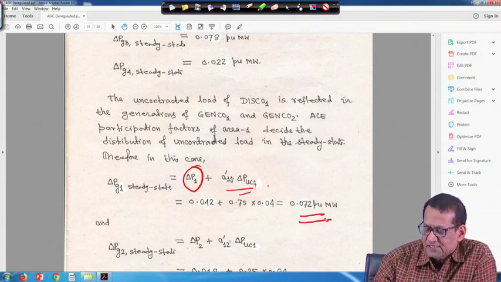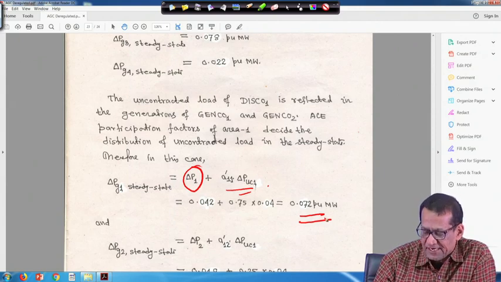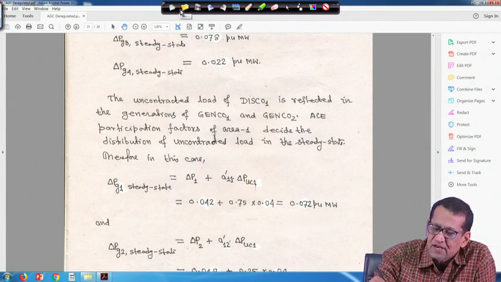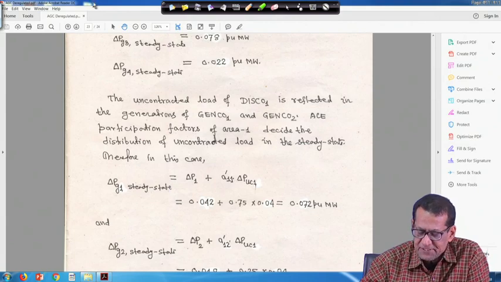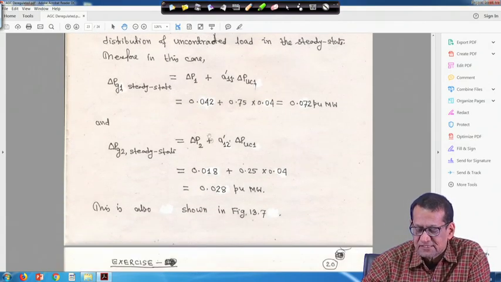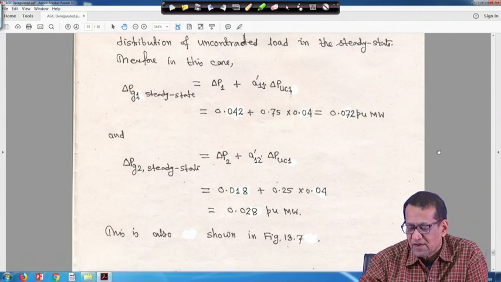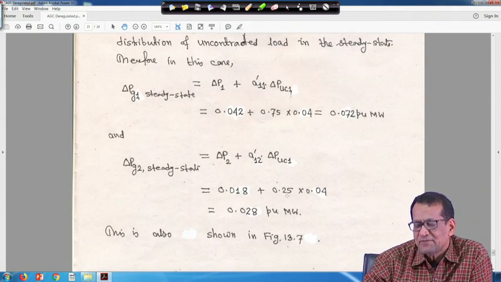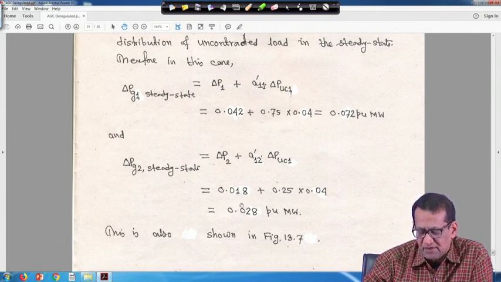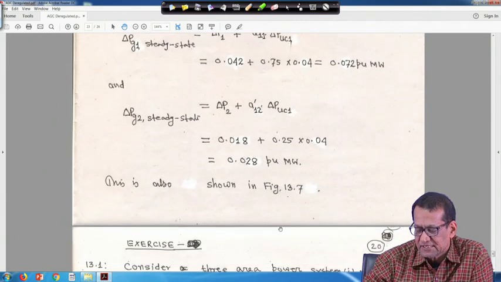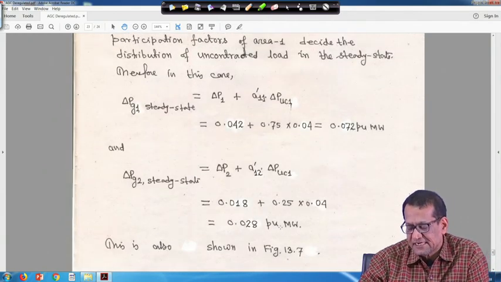So that is 0.072 per unit megawatt. Similarly, your delta Pg2 at steady state was 0.012 plus the 0.25, the AC participation factor of GENCO 2 in area 1, into that uncontracted power demand. So it is 0.028 per unit megawatt. This is also shown in figure 7. So I have shown you all these things.